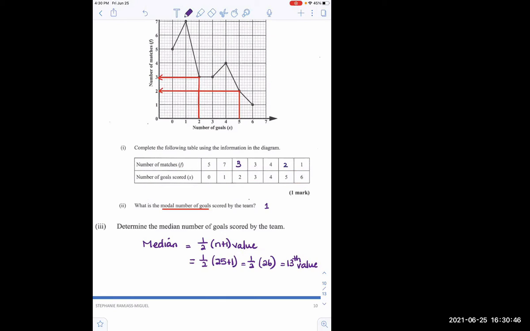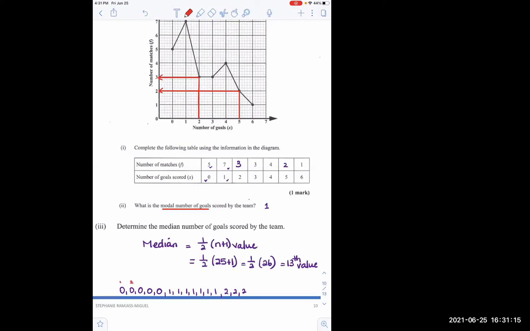Now, this means that 0 occurs 5 times. So 1, 2, 3, 4, 5. 1 occurs 7 times. 1, 2, 3, 4, 5, 6, 7. 2 occurs 3 times. I am looking for the 13th value.